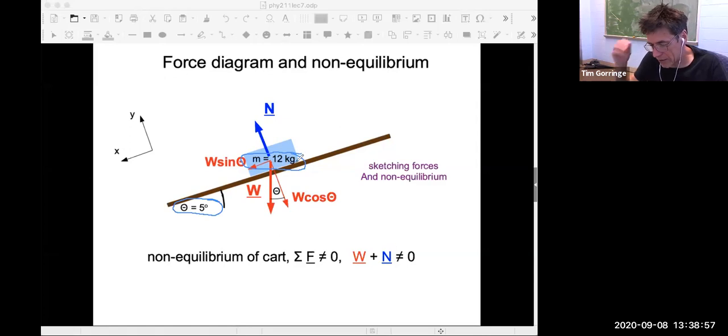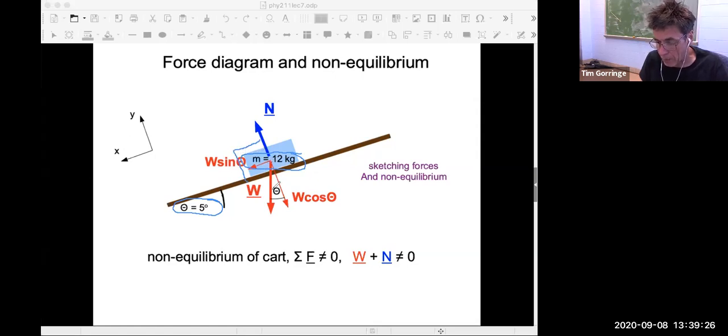And then I started sketching the forces that are acting on the cart. In this frictionless incline, there's just two forces. There's gravity that's acting vertically downwards. That's the rule for gravity. And then there's the normal force, and that's acting normal, right angles, 90 degrees to the surface, to the incline.